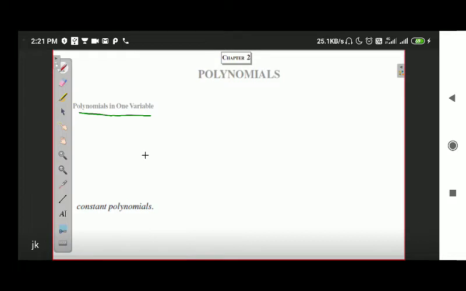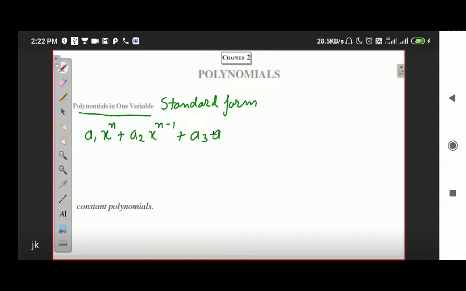Standard form for a one variable polynomial can be written as a1 x to the power n plus a2 x to the power n minus 1 plus a3 x to the power n minus 2 plus so on, and at the last you have a constant.